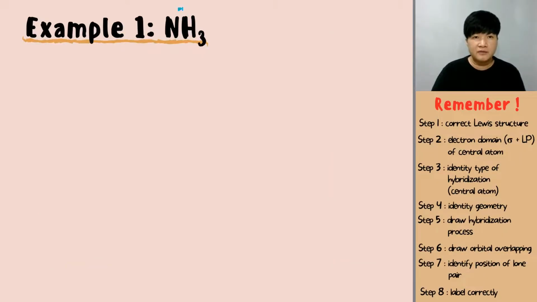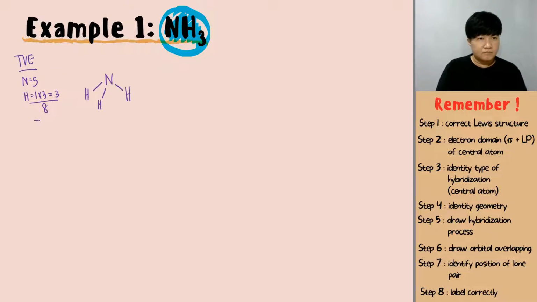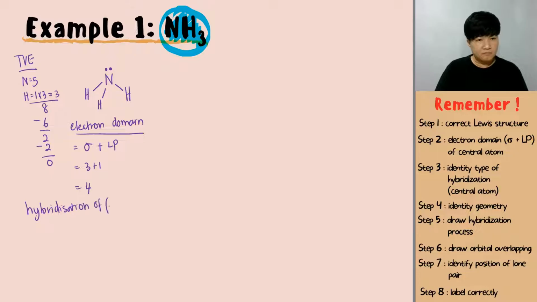The first one for this video is your ammonia, one of the simplest structures. As always, we are going to start off with your total valence electron, Lewis structure, and all the way down to the type of hybridization. So we are done with your Lewis structure.